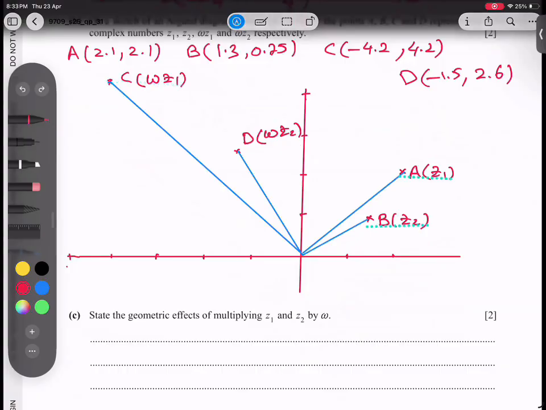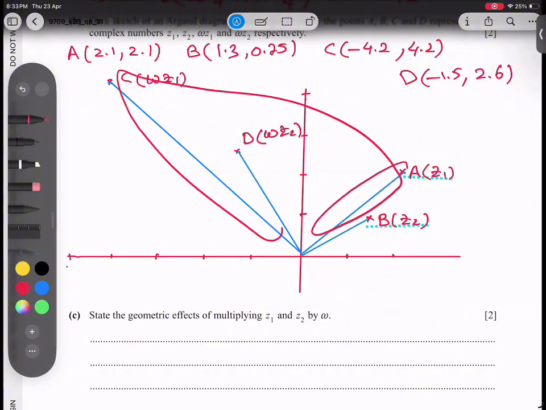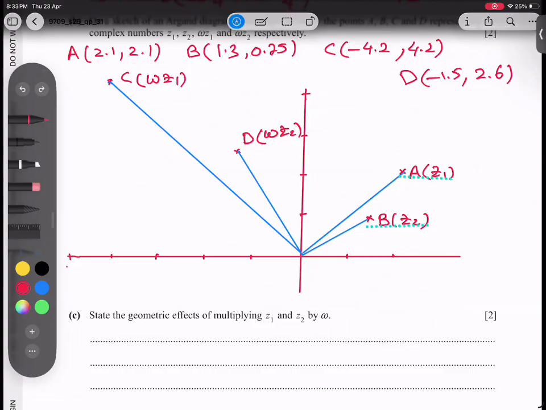So the C part states the geometrical effects of multiplying Z1, Z2 by omega. Basically, it talks about Z1 shifting to omega Z1. So what is the effect coming on this line to this line? I have to discuss that, and similarly I can discuss the other part.